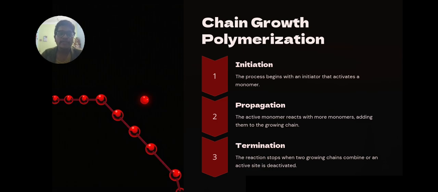Propagation: the active monomer reacts with more monomers, adding them to the growing chain. Termination: the reaction stops when two growing chains combine or an active site is deactivated.